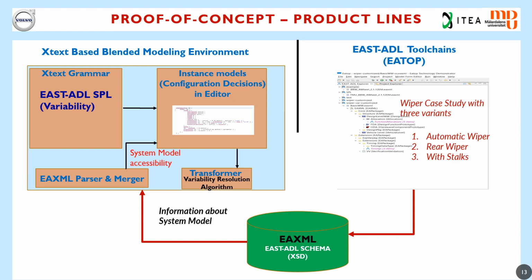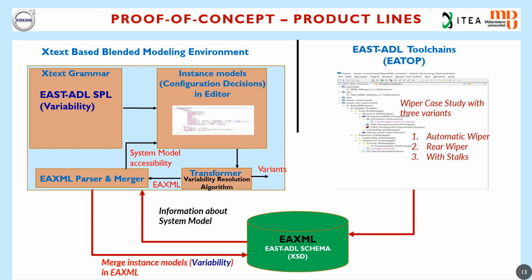Here, in the transformer, we have a variability resolution algorithm that generates the variant based on the configuration decisions or the configured features. And of course, the transformer will also generate the EXML that will be integrated back into the main EXML, and the changes are propagated back to EATOP.